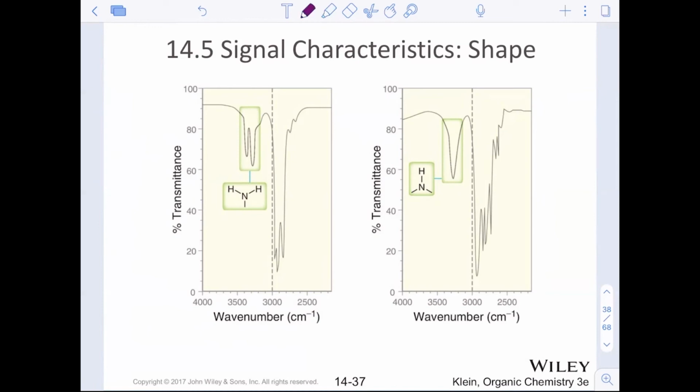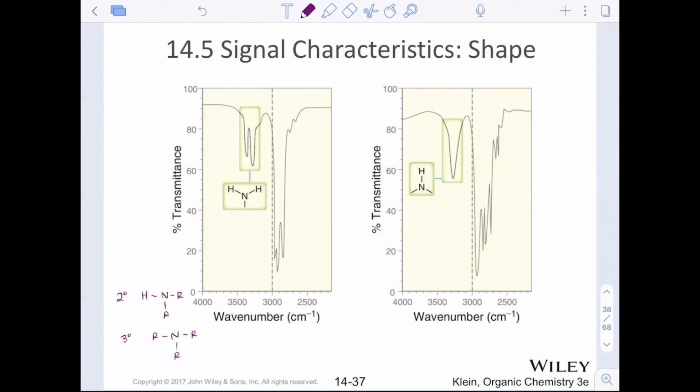Now, signal shape for amines, nitrogens to hydrogens. Typically, we'll see primary and secondary amines exhibit NH stretching signals. Tertiary amines do not show that NH because remember, a tertiary amine is going to be one with 3 R groups. So let's just remember our primary, secondary, and tertiary idea.